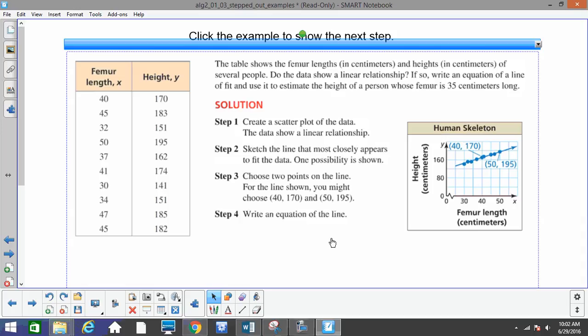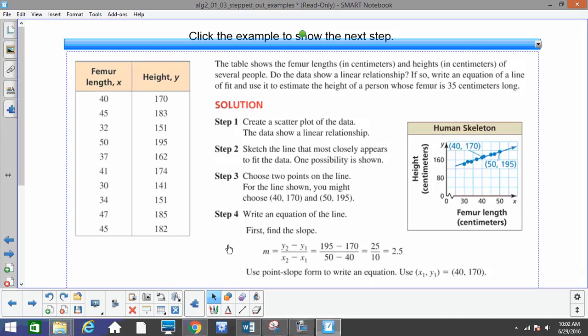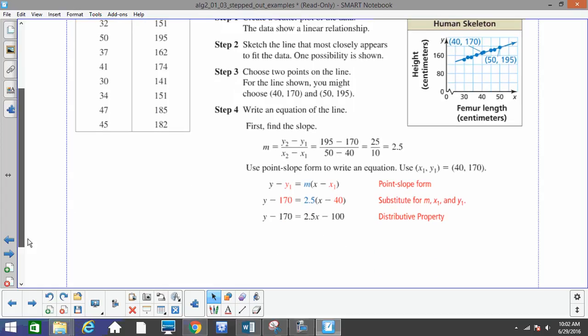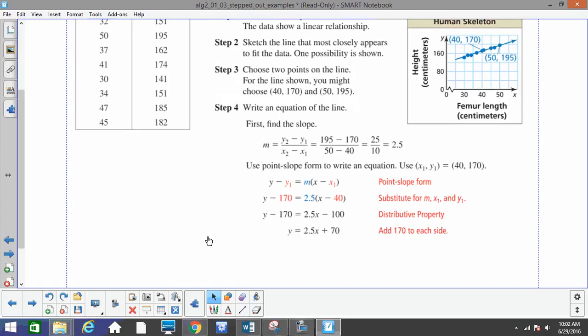Then once you have 2 points, you can write an equation. First find the slope. Choose one of those points. Use point slope form. Plug in what you know. Simplify it. So there's our equation.